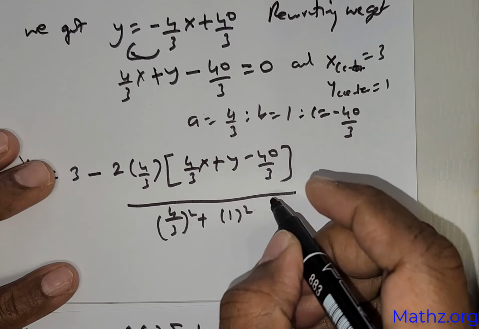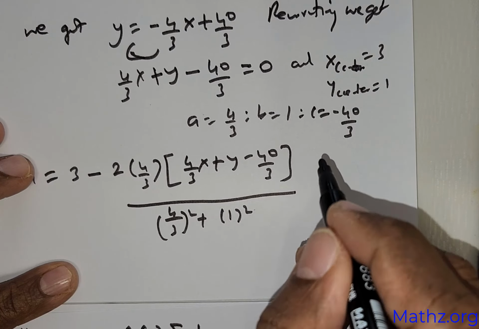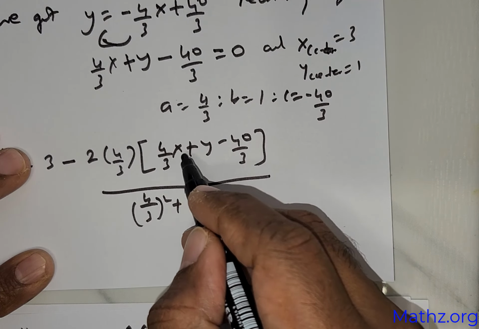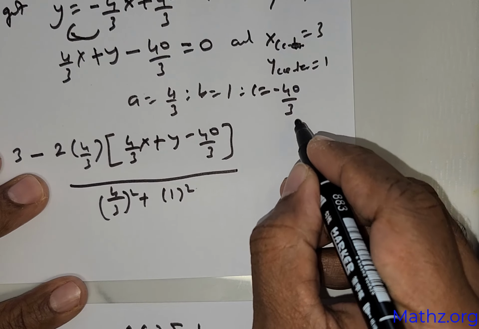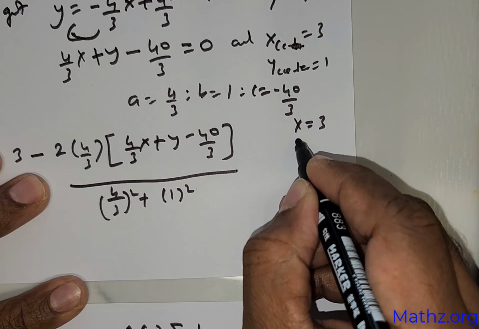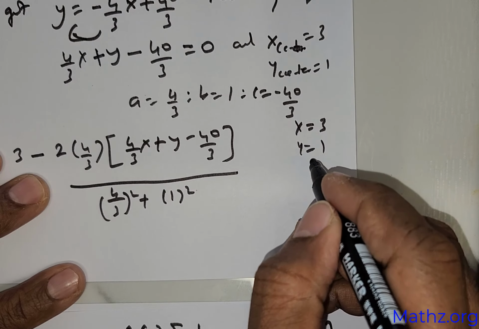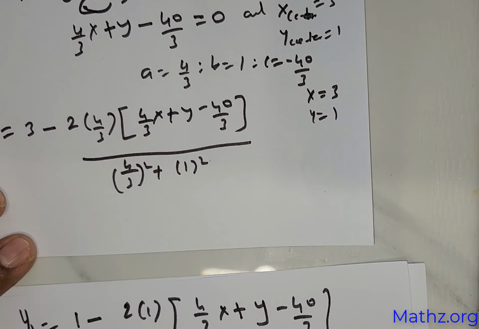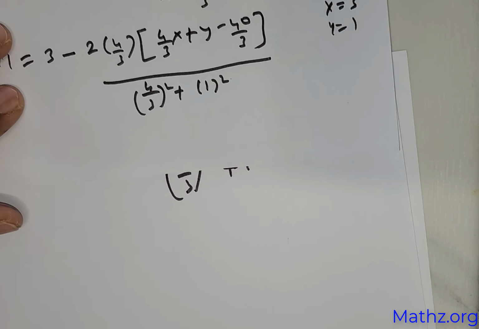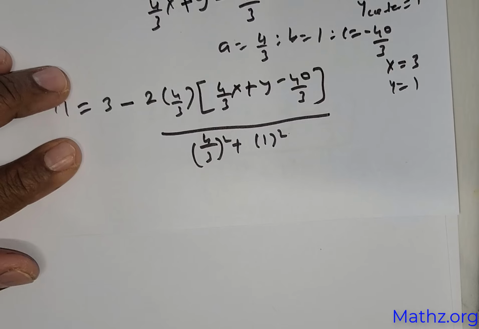After we have got this, we have to put back the coordinates for x and y. In this case, the coordinate for x is 3 and the coordinate for y is equal to 1. So I substitute those values over here. Let me show you the working.